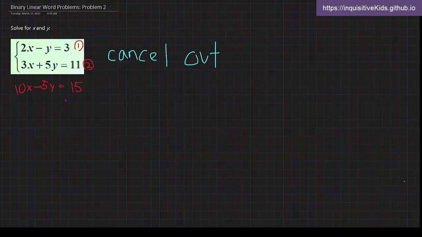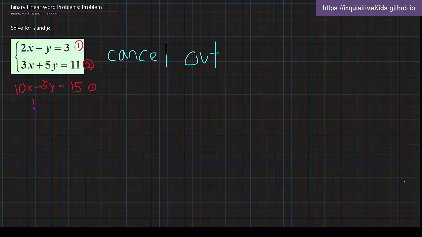So now we have 3x plus 5y equals 11, and 10x minus 5y equals 15. See what I did there? Now we have plus 5y on one equation and minus 5y on the other equation.